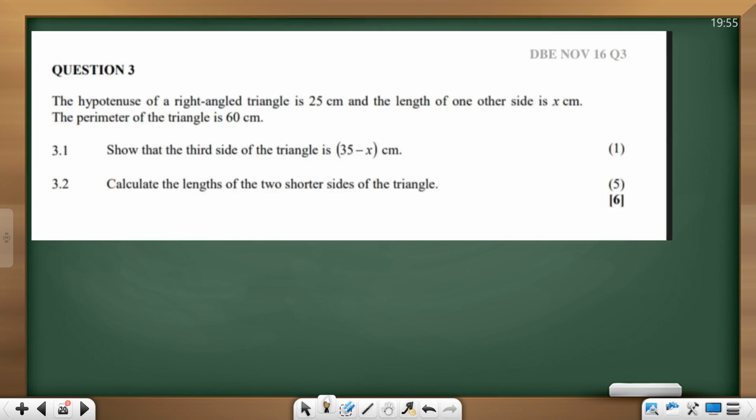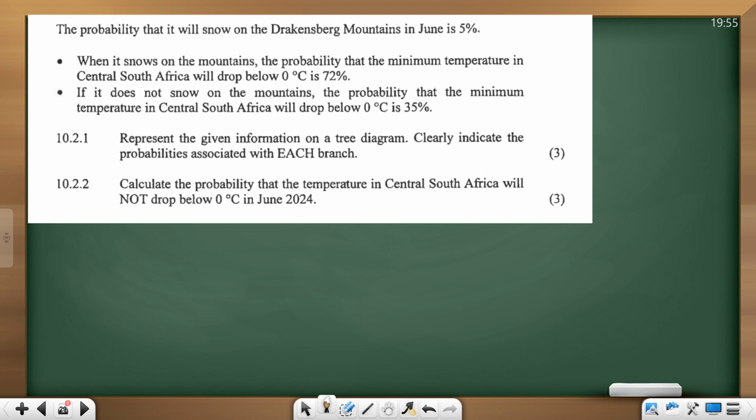All right, let's look at this. We still have your questions. The probability that it will snow in the Drakensberg Mountains in June is 5%. Once the examiner says that it will snow, it snows or it does not snow. 5% here, and the rest is 95%.